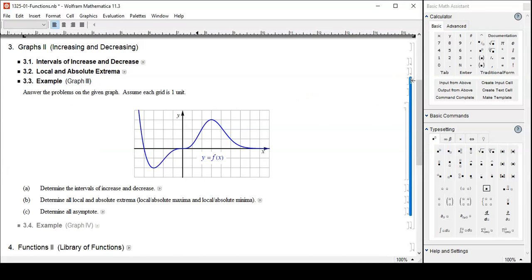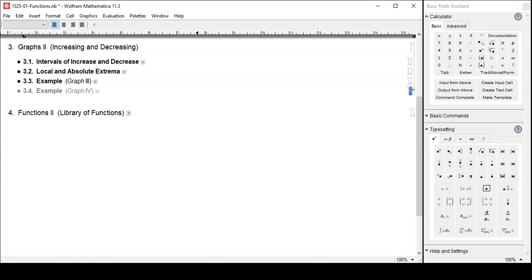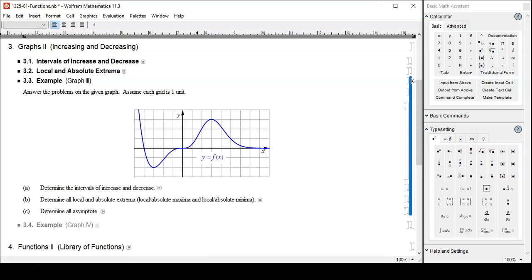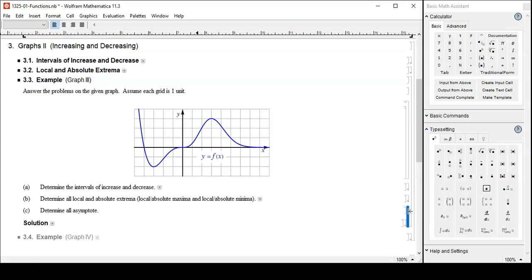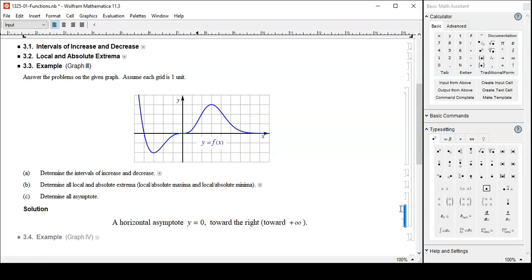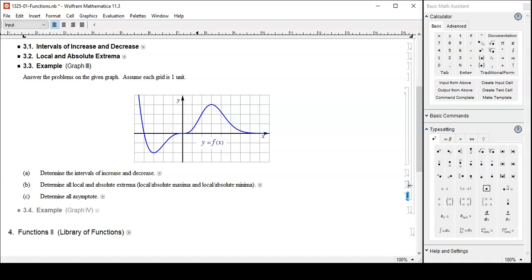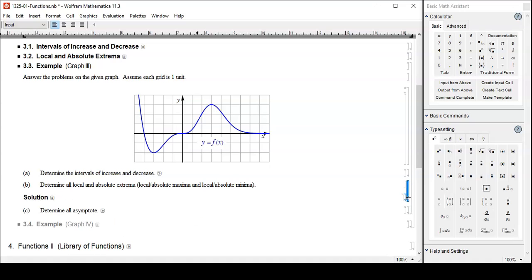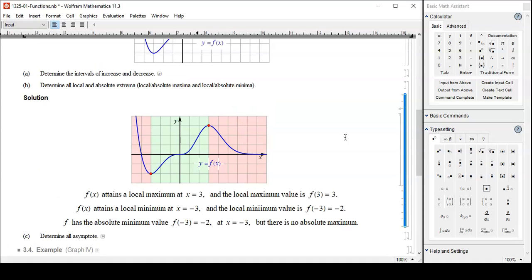Let's come back to the same example. Let's identify local and absolute extrema. Oh, wrong cell, sorry about that. Sorry, wrong cell. Yeah, this is the one.